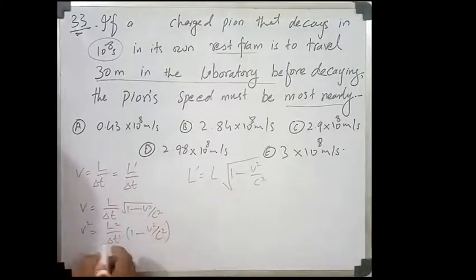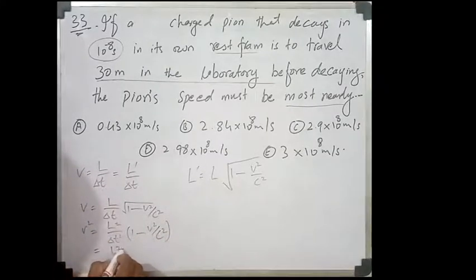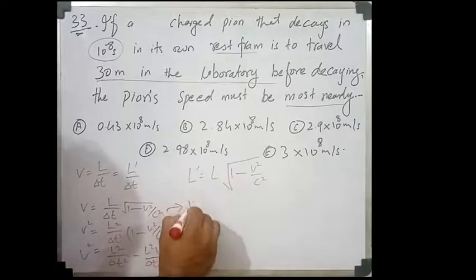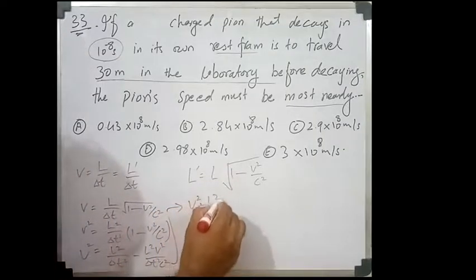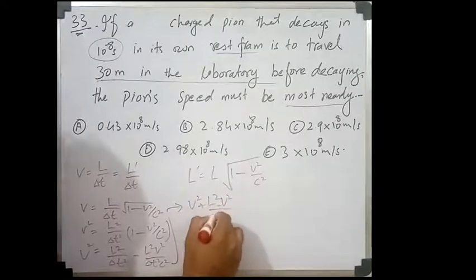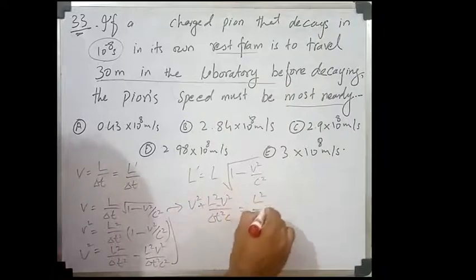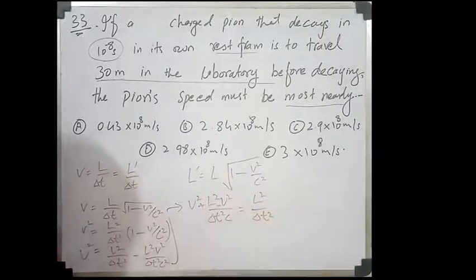Multiplying this term, this will go: v square equals L square over delta t square minus L square v square divided by delta t square c square. Rearranging, v square plus L square v square divided by delta t square c square is equal to L square over delta t square.